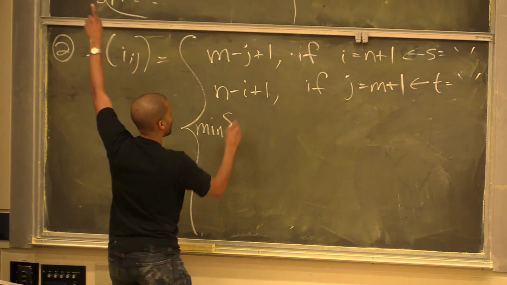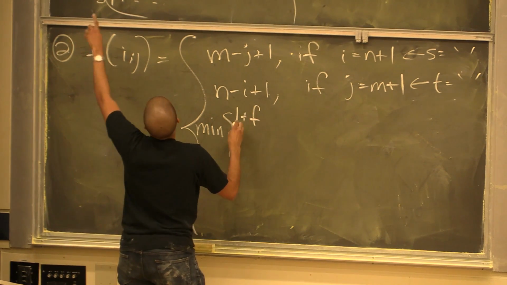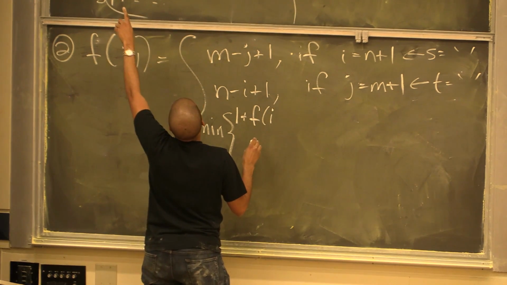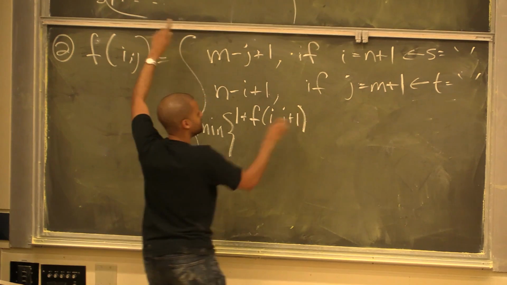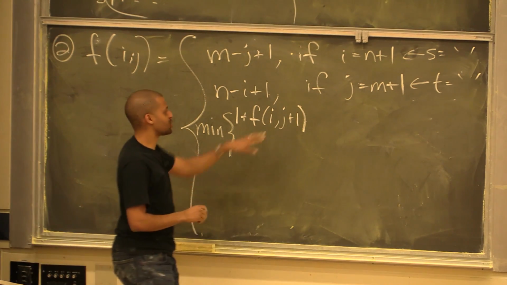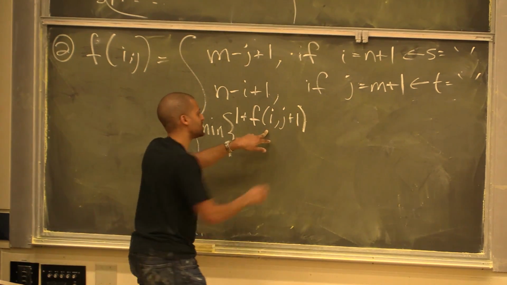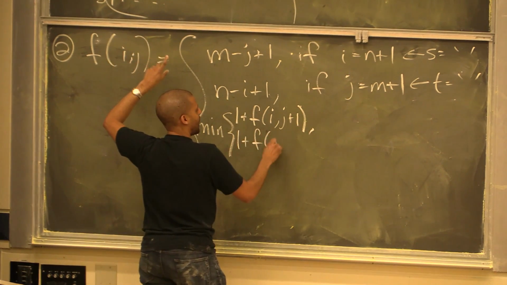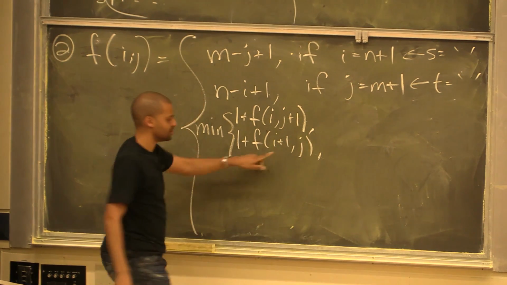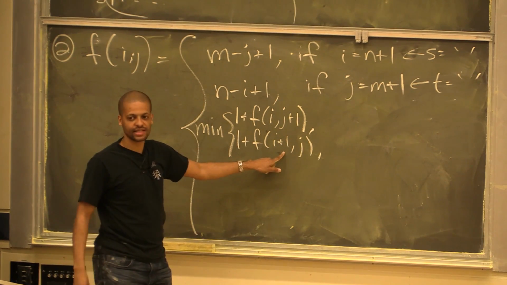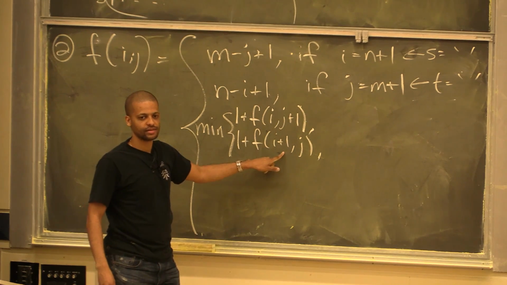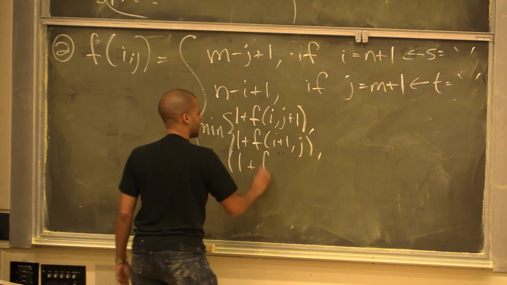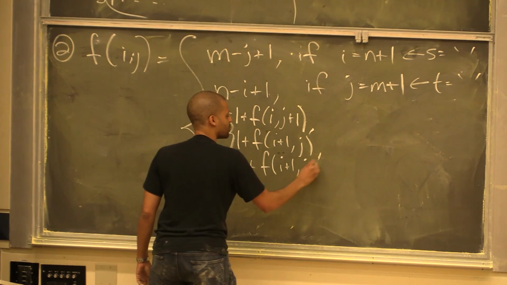I have to insert, that costs me 1 plus F, and then I still have to recursively turn S from i onward into T, but T is now from j plus 1 onward. This corresponds to inserting the first letter of T before S. I can also delete. If I delete, I'll have 1 plus F of i plus 1, j, because I deleted the first letter of S. And the other option is substitution, which costs 1 plus F of i plus 1, j plus 1.